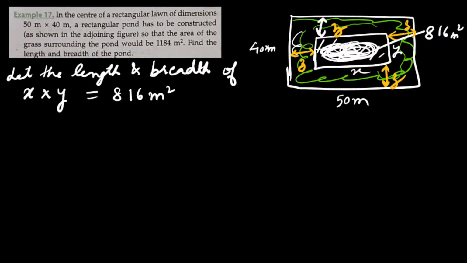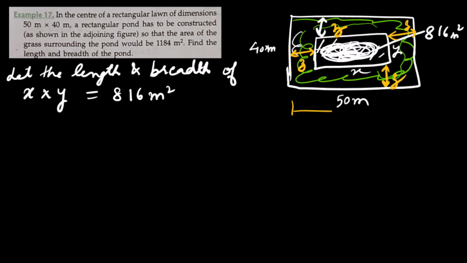Now what is X equal to? X is equal to 4y by 5. We can do that, but uniform thickness is there, the width is the same on all sides. So we can find the value of X and Y in terms of the other variable Z.